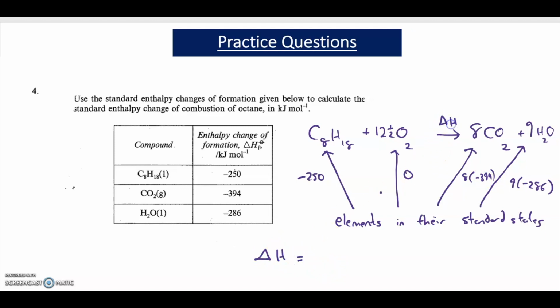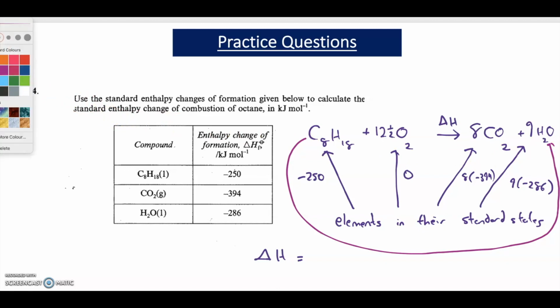So delta H is equal to, now all I have to do here is find a route around my diagram, and I'm going from reactants to products once again. So the first arrow is in the wrong direction that I want to go, so I have to change the sign here, so I can't have minus 250 because that's not the direction I want to go.